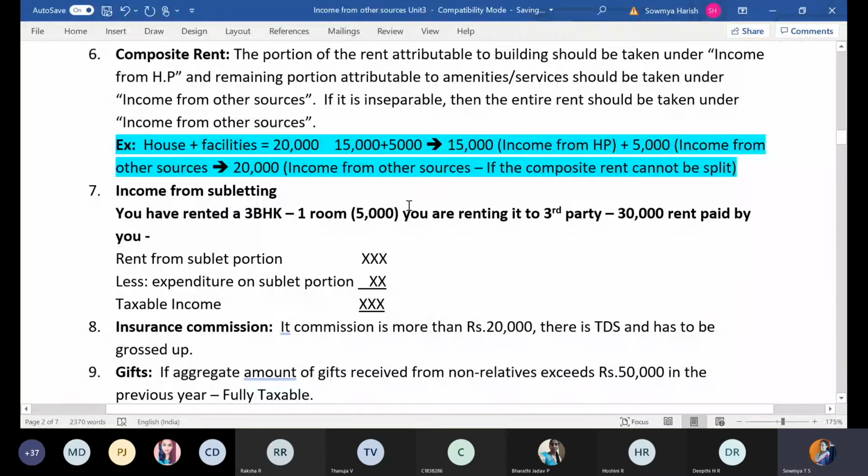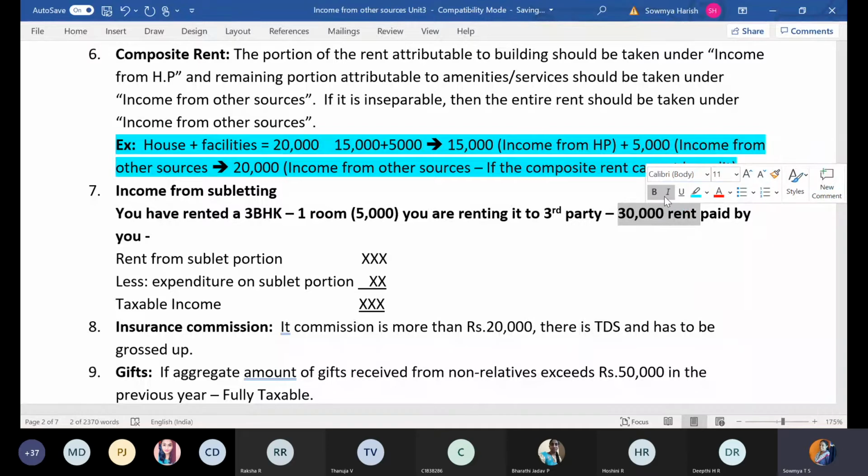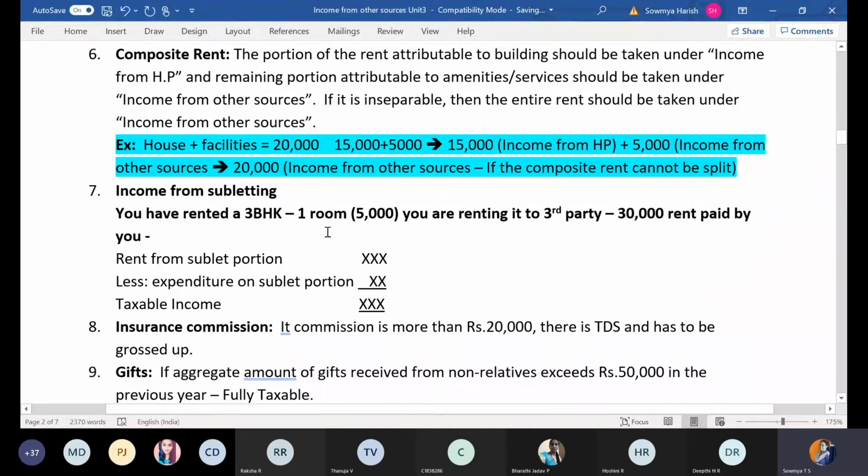So this 5,000 is the income for you. The 5,000 you are receiving as rental income for that one room is an income for you. But the 30,000 you are paying for the entire house to the house owner will be the expenditure for you.